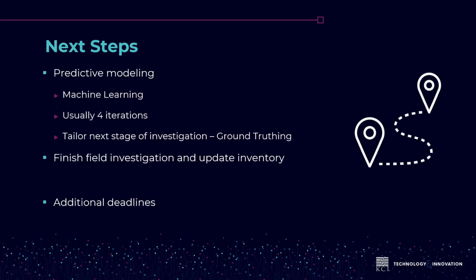We are looking to engage a partner to run some predictive modeling at our current 228, where we are with 228, to see if we can better identify where we want to target our 113 that we have left. We'll do the ground truthing with those, finish up the field investigation, and update the inventory, of course.